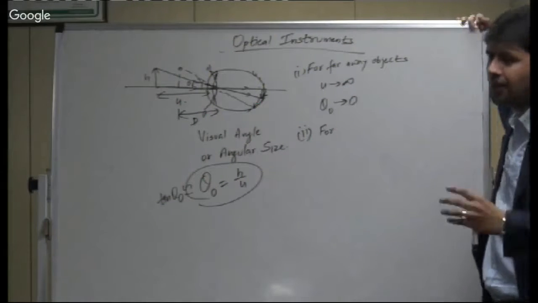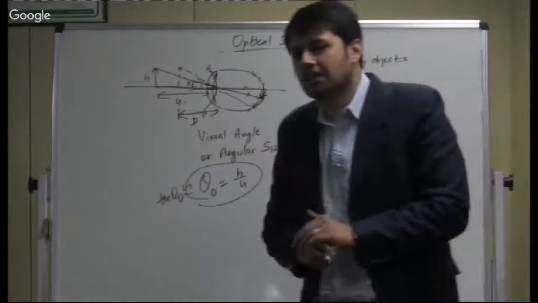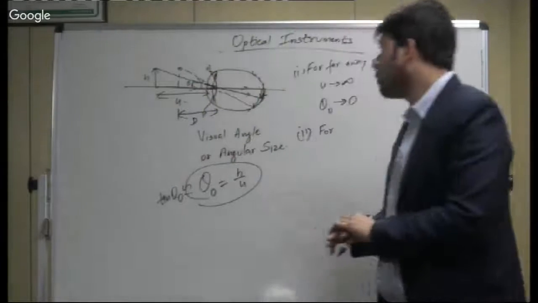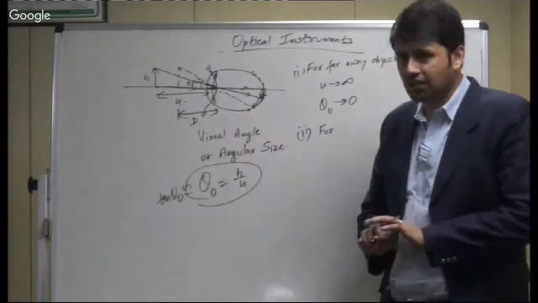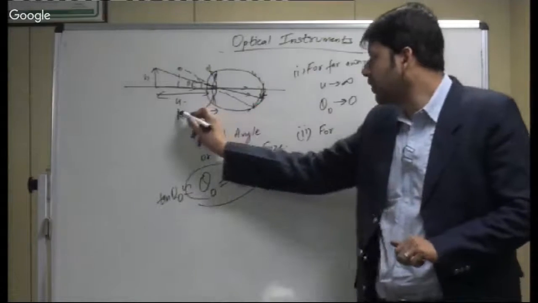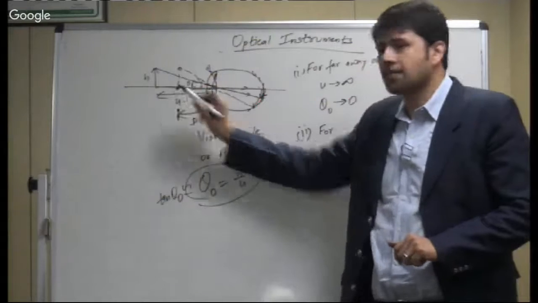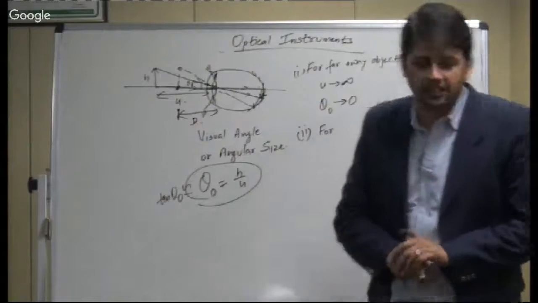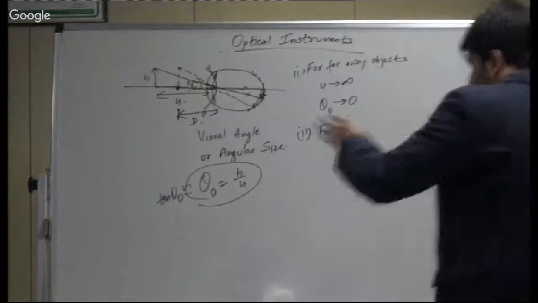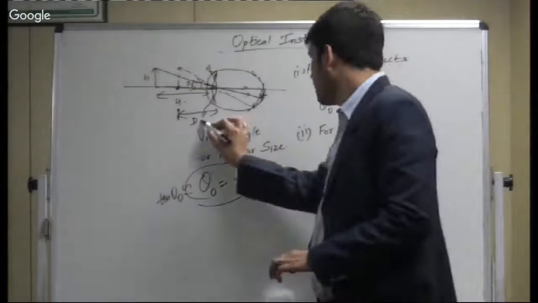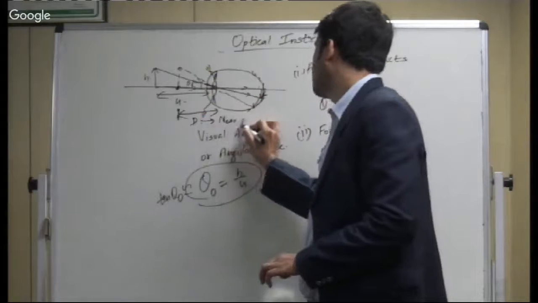Obviously, we will be able to see blurry image, but the clear image will be formed only if the object is placed at a distance at least d. This d distance, this point is called the near point, and d is called the least distance of distinct vision. Let me call it near point distance.